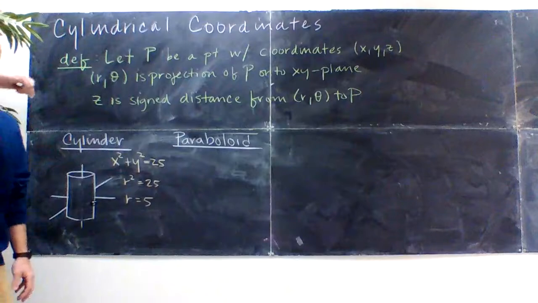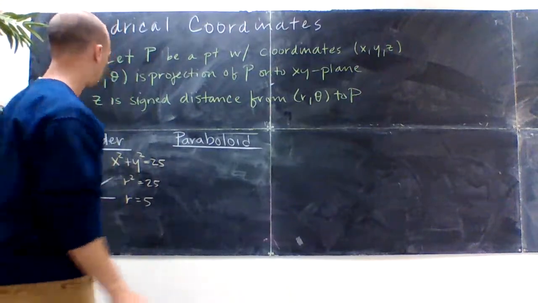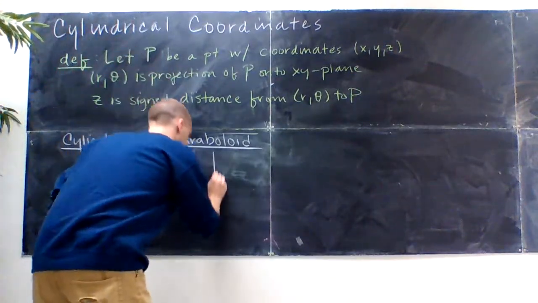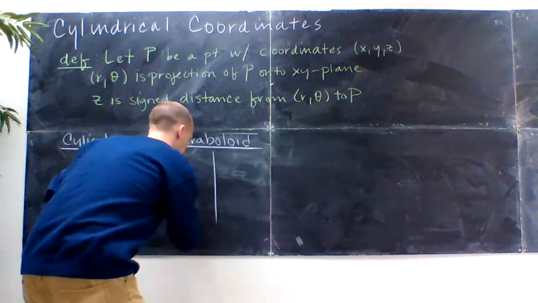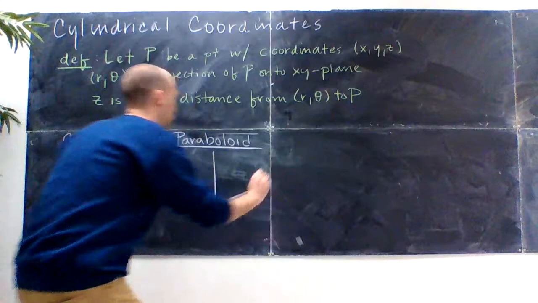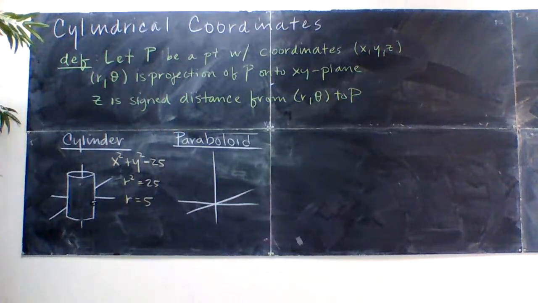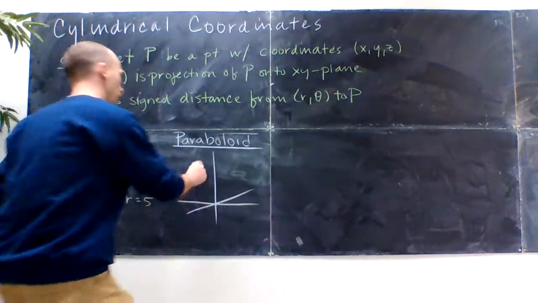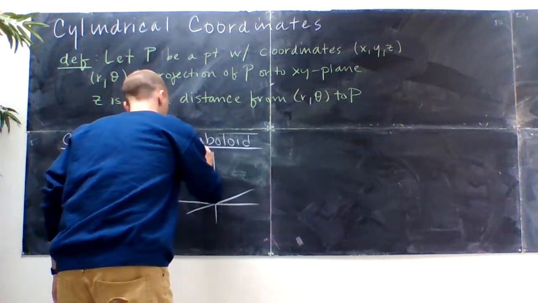Okay. It looks like a parabola that's been rotated around the z-axis. So what I'll do, I'll give myself the z-axis, x-axis. I won't need any negative area because I'm just going to have it start at the origin and go up from there. So I'm going to draw myself a parabola.